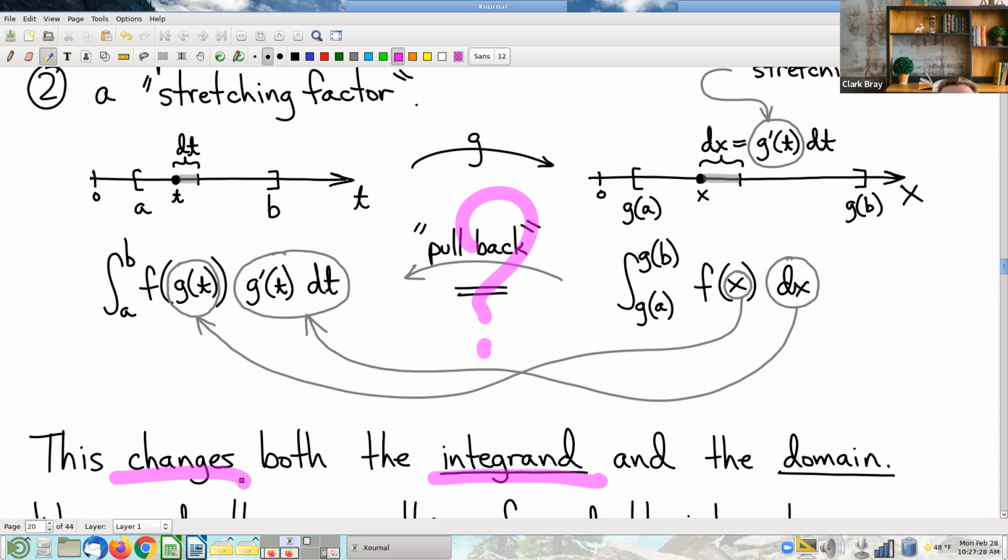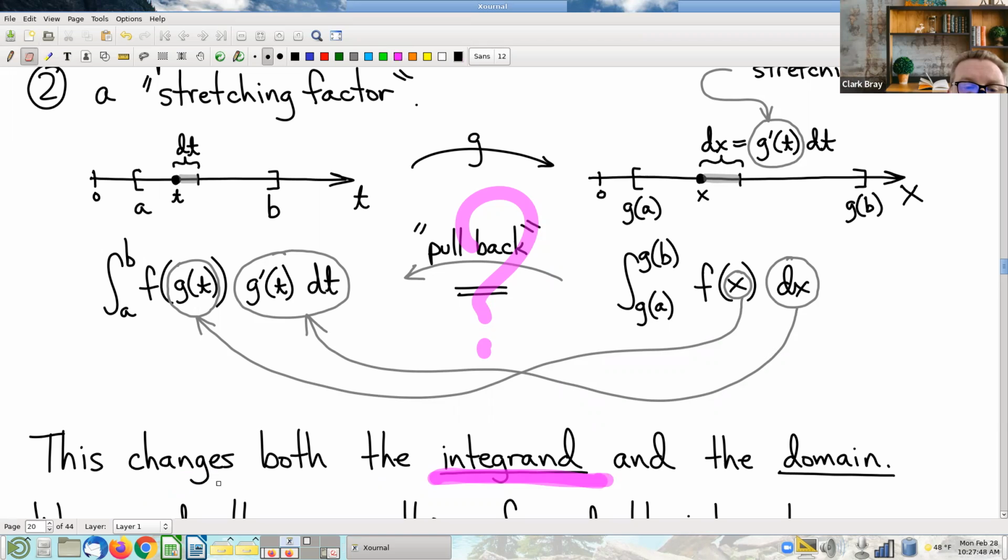Once you've found the antiderivative, you plug in the A and the B and boom, you're done. Being able to find that antiderivative is all the work. So having a tool that allows you to get a different integrand, possibly turning a hard one into an easy one, is a big deal.